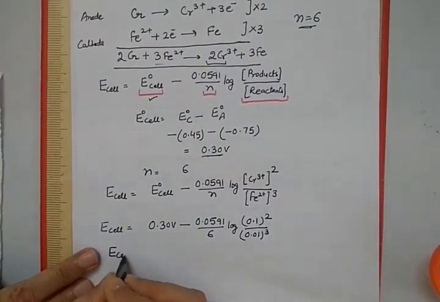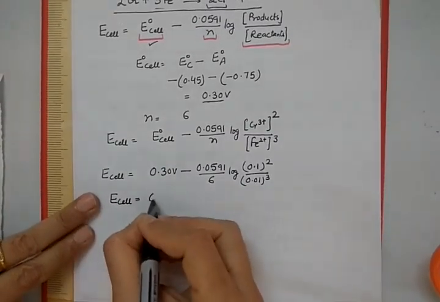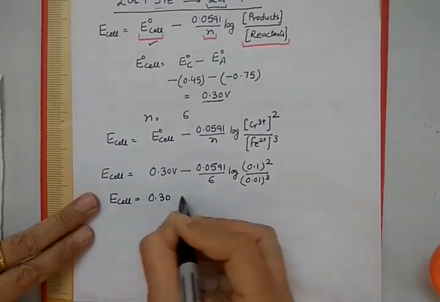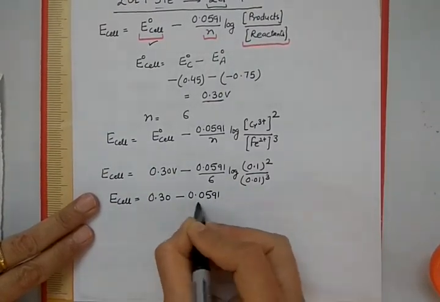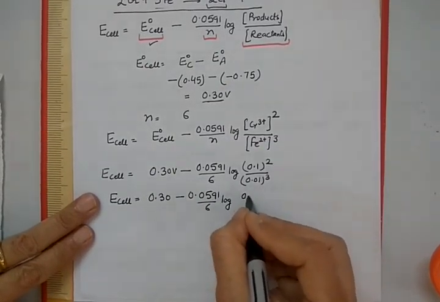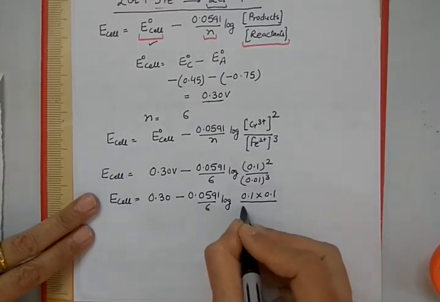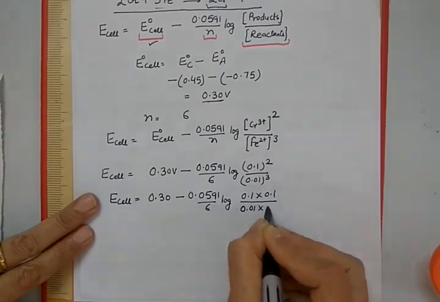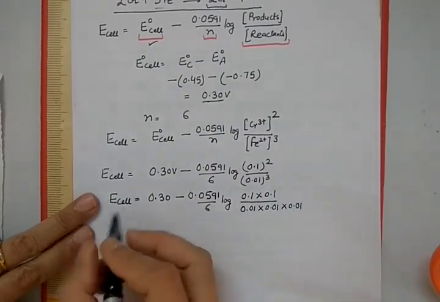So E of cell will be equal to 0.30 minus 0.0591 over 6 log. I can write 0.1 into 0.1 divided by 0.01 into 0.01 into 0.01.